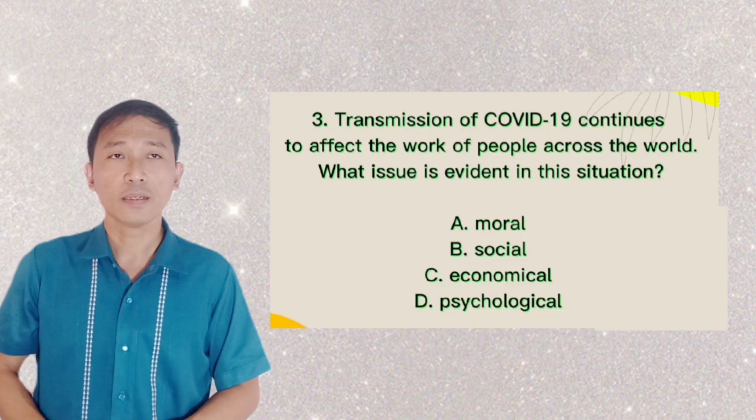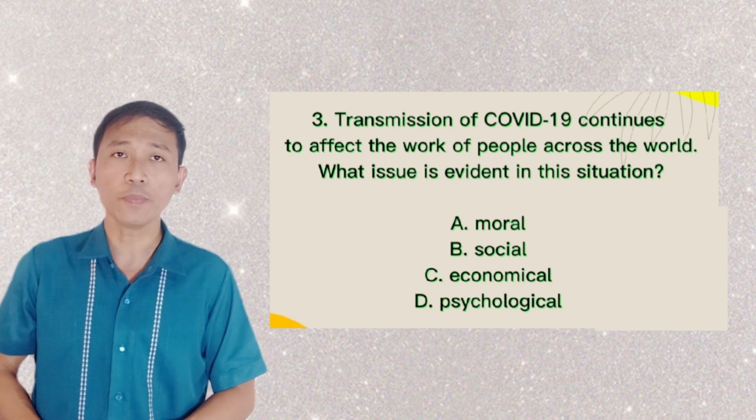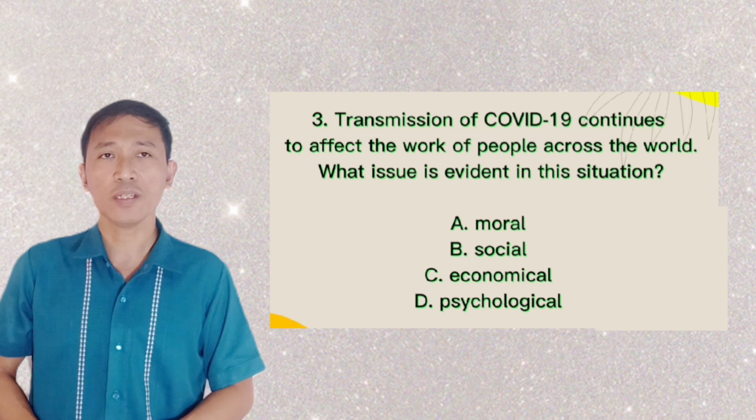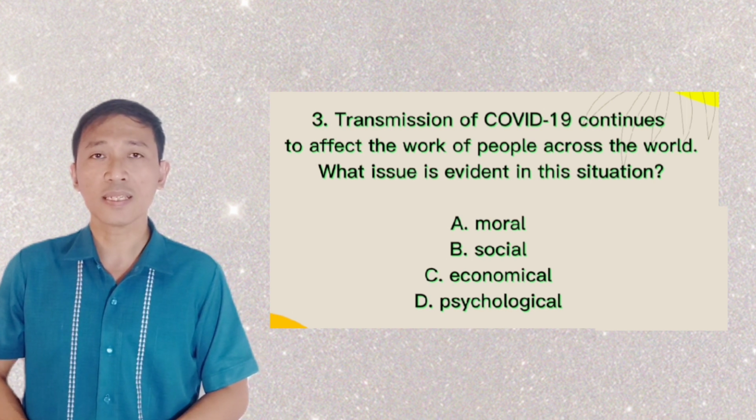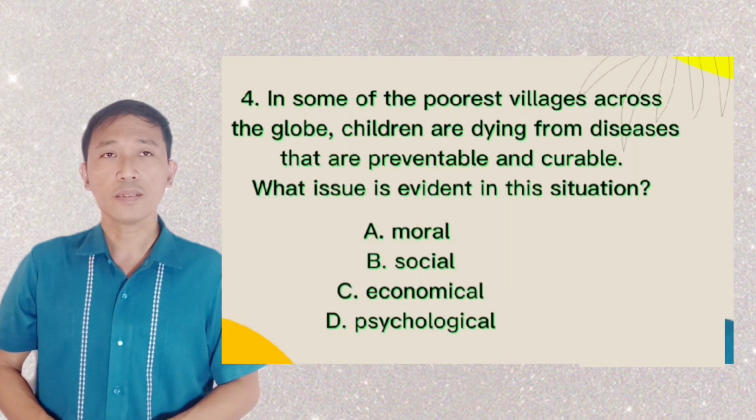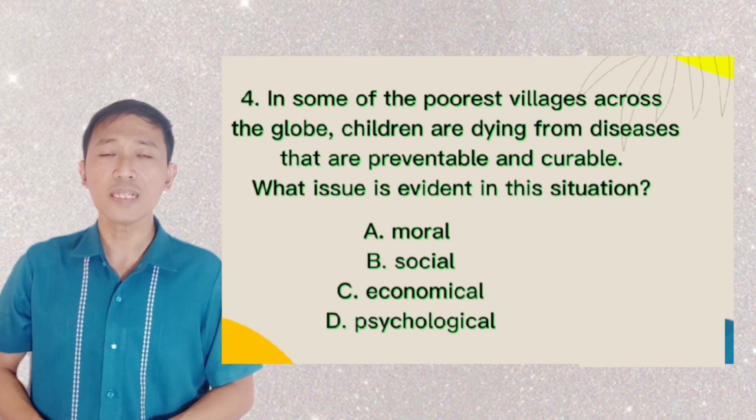Number 3. Transmission of COVID-19 continues to affect the work of people across the world. What issue is evident in this situation? The correct answer is letter C, economical. Number 4. In some of the poorest villages across the globe, children are dying from diseases that are preventable and curable.